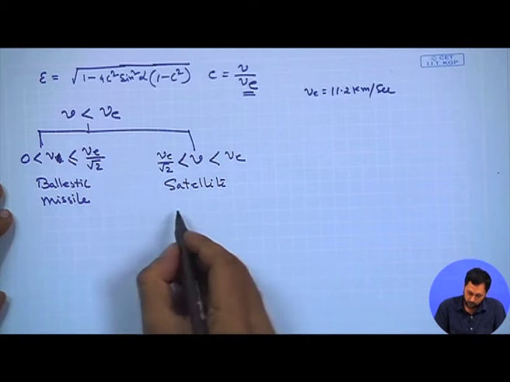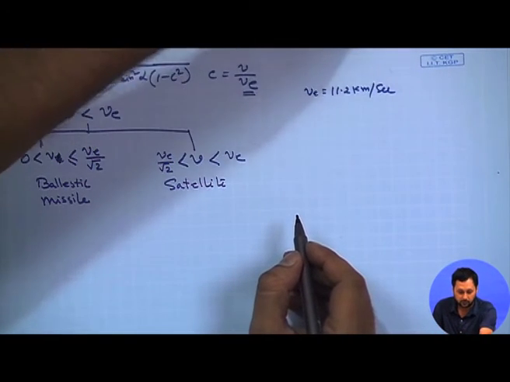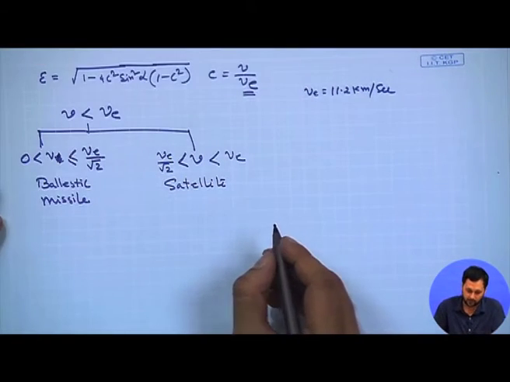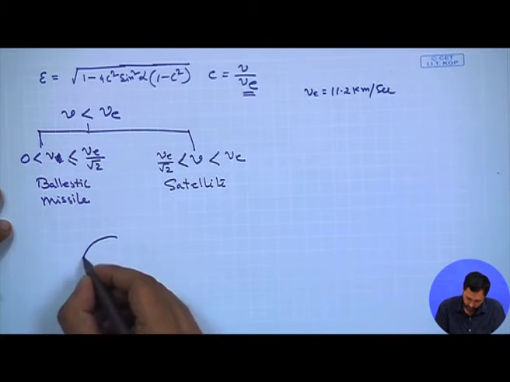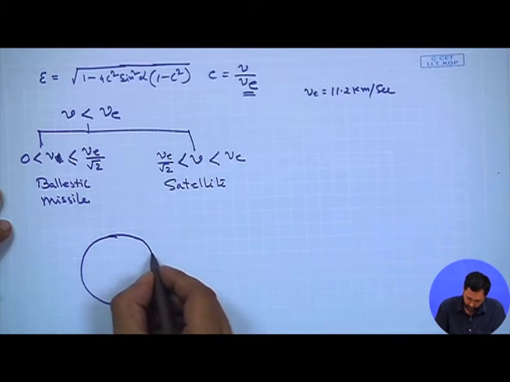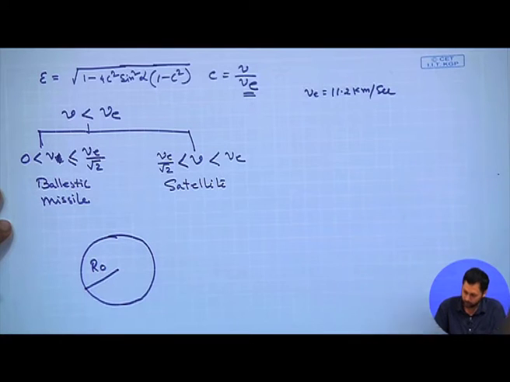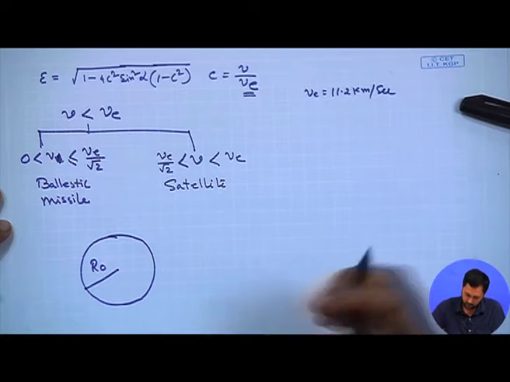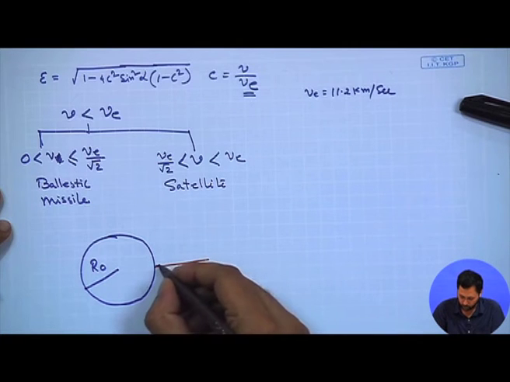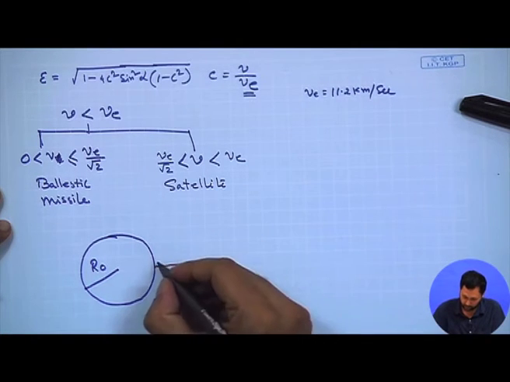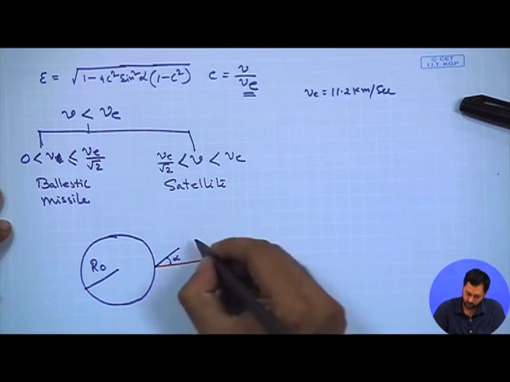Now, we also found certain conditions for getting a satellite. We did that by keeping in mind this particular picture. This is our Earth with radius r0, and if this is my launch position, the velocity of the launch is v with an angle alpha with the horizontal direction.